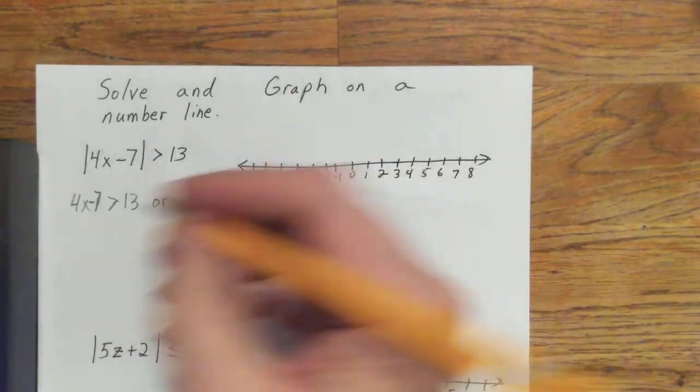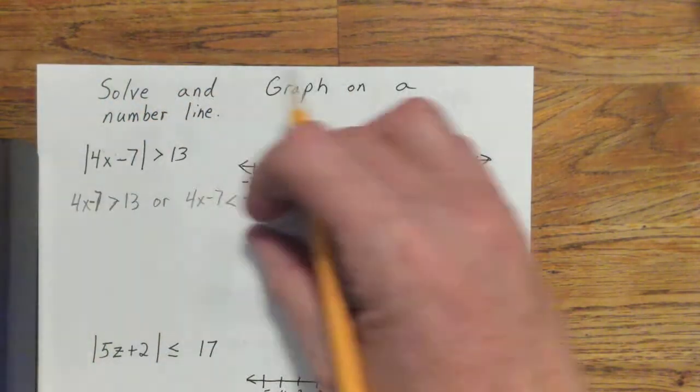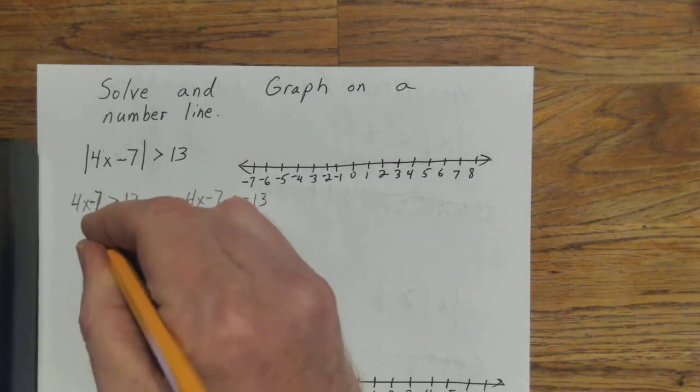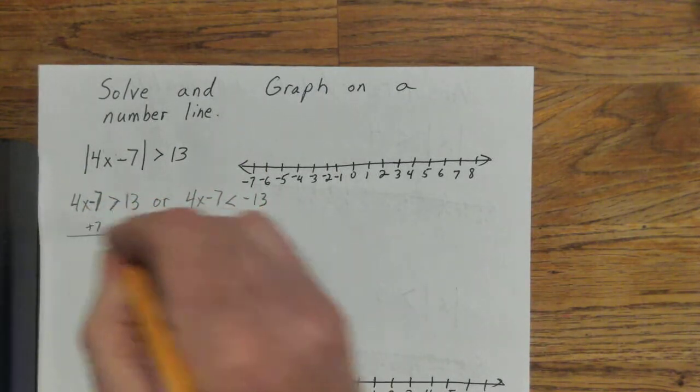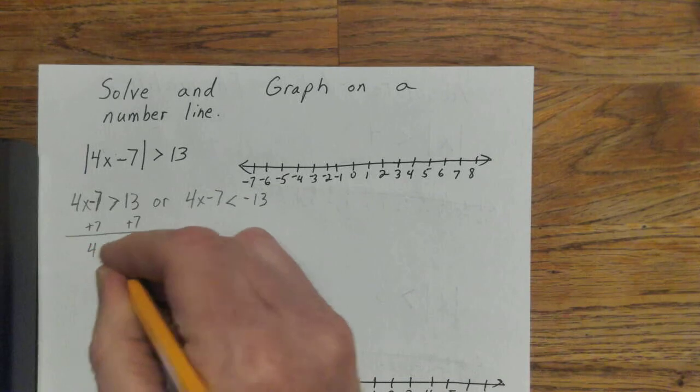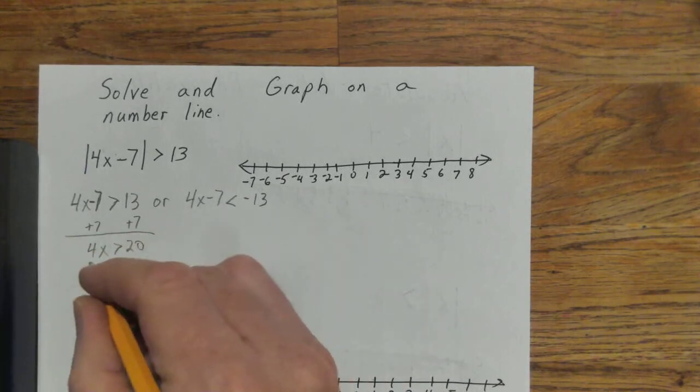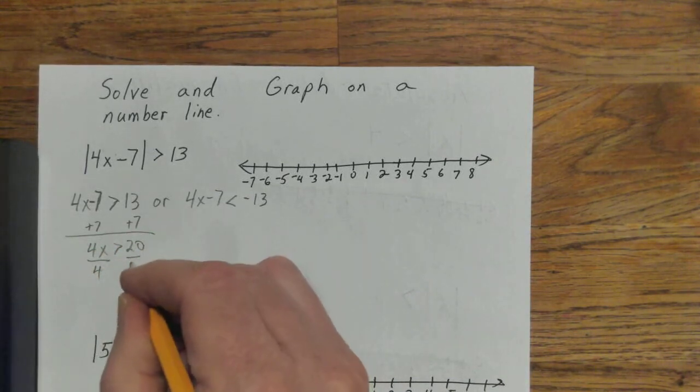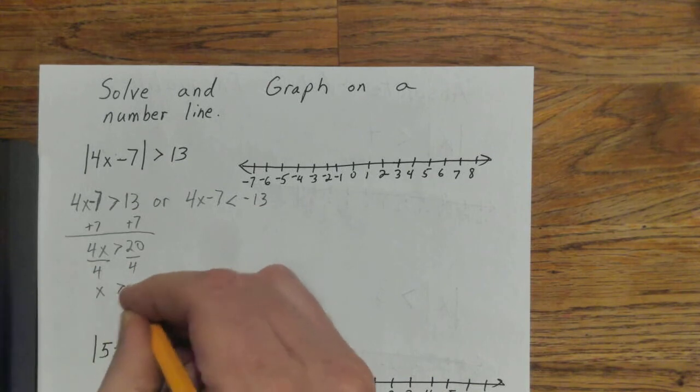Notice I take the absolute value bars off now. Now you just solve each. These are things you were doing on your worksheet. So let's solve each. Let's add 7. I got 4x is greater than 20. I divide by 4, and I get x is greater than 5.